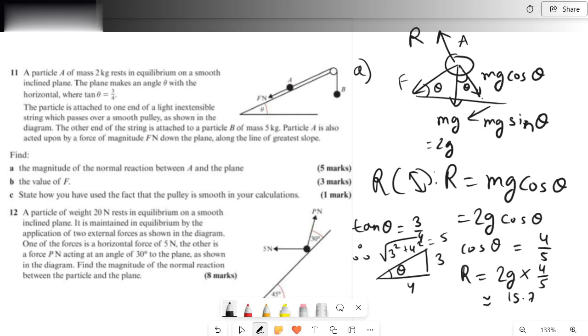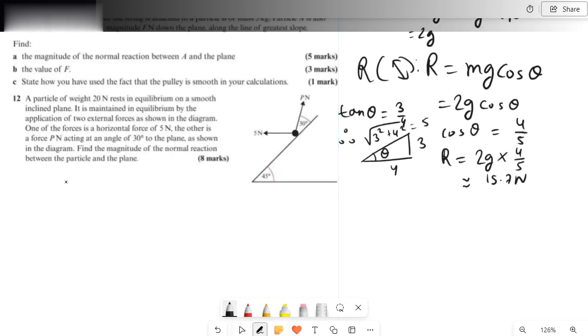to 15.7 newtons. For part B, we have to find the value of F, and drawing the figure again, here we have F along the plane.